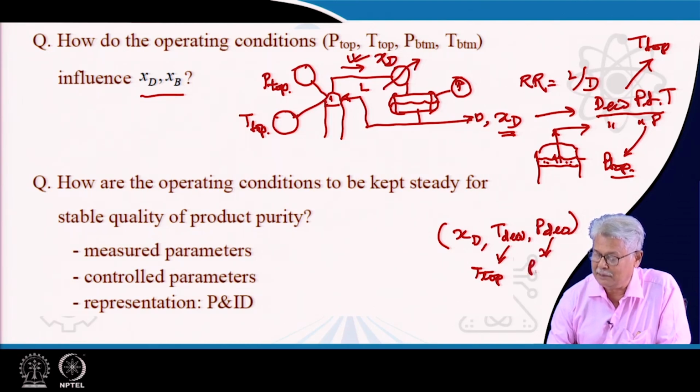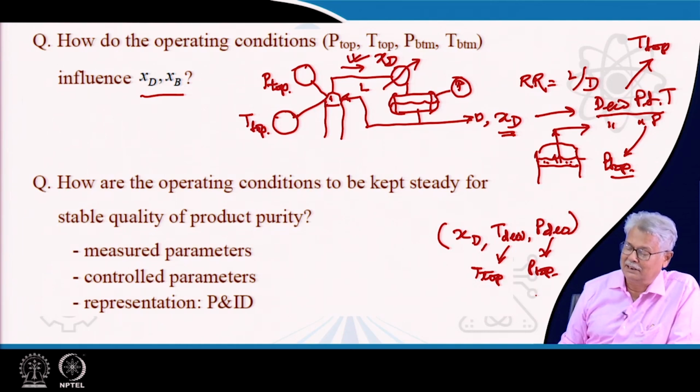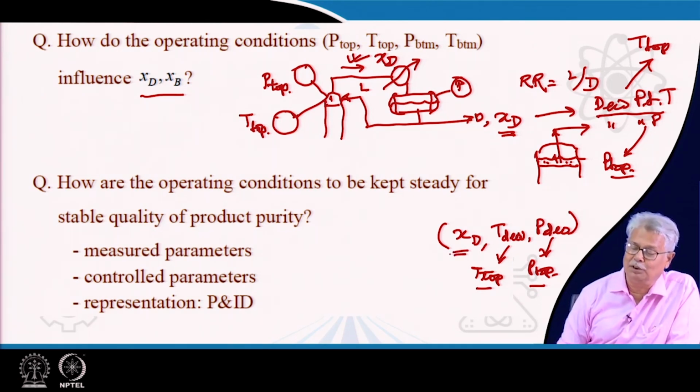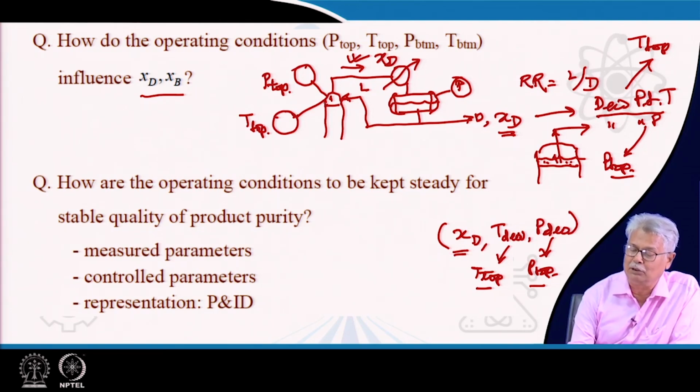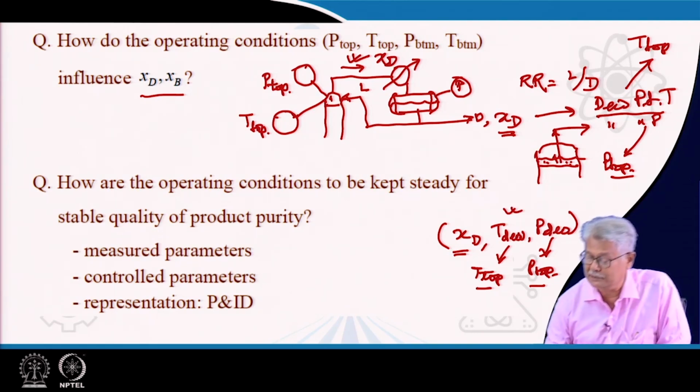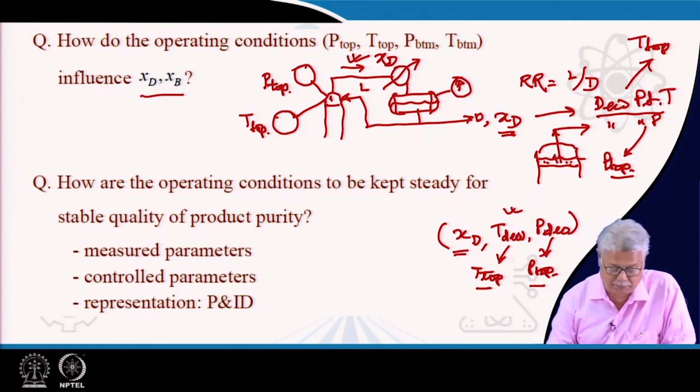I am intentionally repeating this so that it becomes amply clear that if I can alter these two conditions, my XD would change. One thing is very sure: if I can somehow change the column top temperature, the dew point is going to change, because if I keep my pressure, sorry, this is actually my P top.